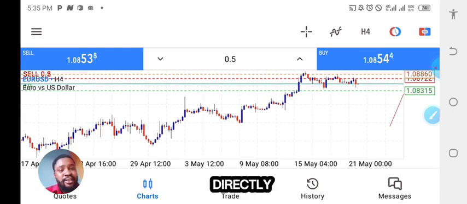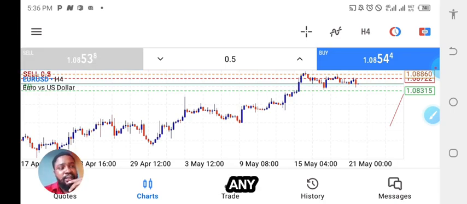Looking at the market directly, taking time to understand why the candles behave the way they do can actually give you a clear picture of what the market will do next without any errors in your analysis. By studying closely, you can actually tell what the market will do next.